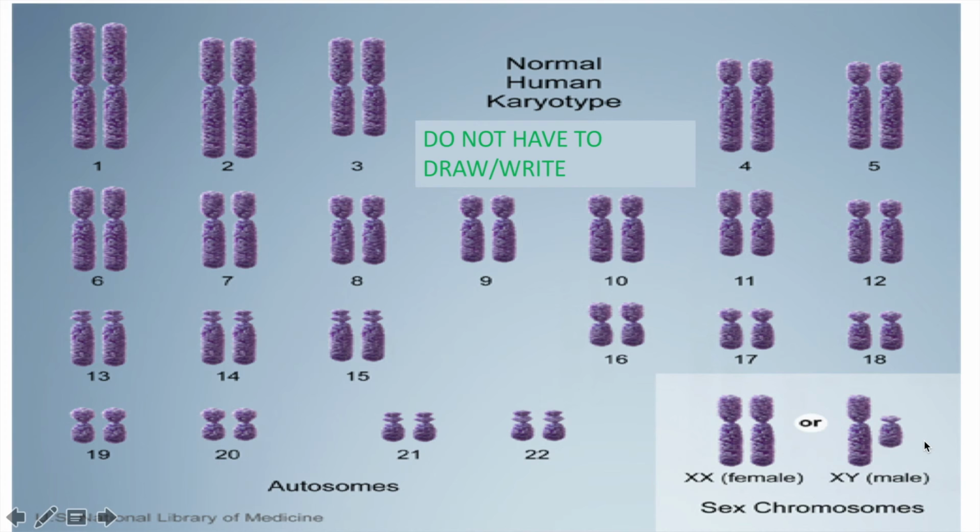And remember, we said we had 23 pairs of chromosomes, right? And that's because we have 22 autosomal and we have 1 sex chromosome. Together, that makes 23 pairs, or 46 chromosomes.